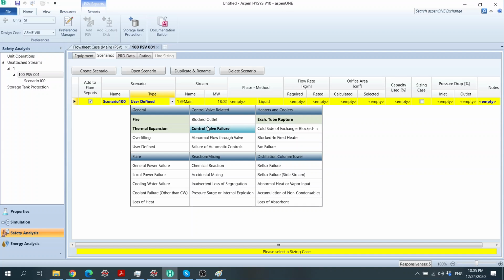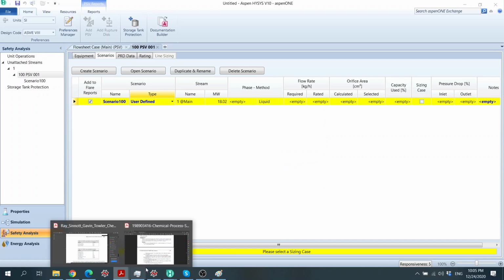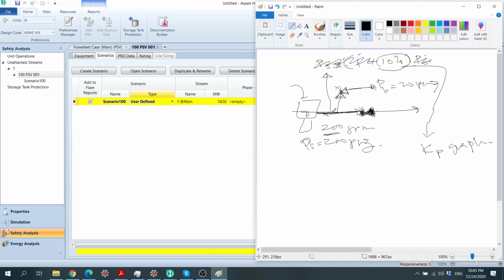The use of the scenario is so that we can calculate the release load. But in our case, we know that our scenario is that we need to release this 200 gallon per minute. So we already have the flow rate.